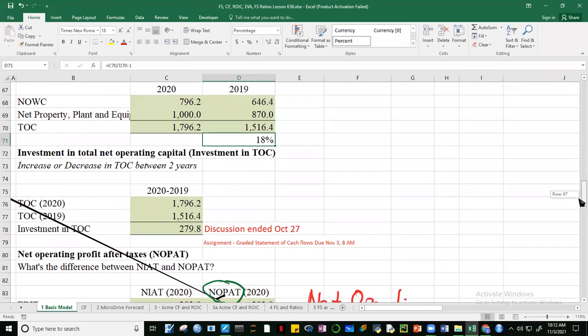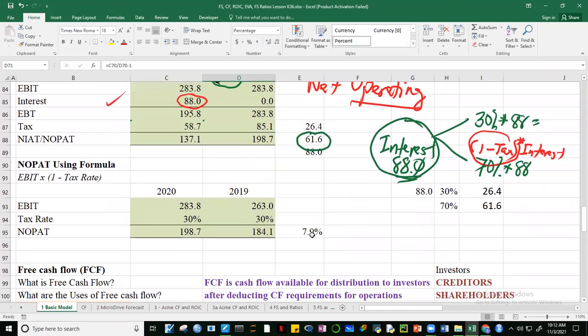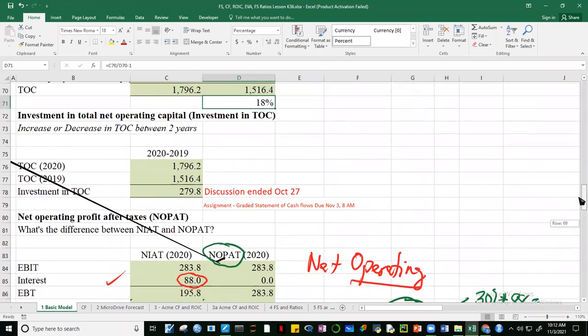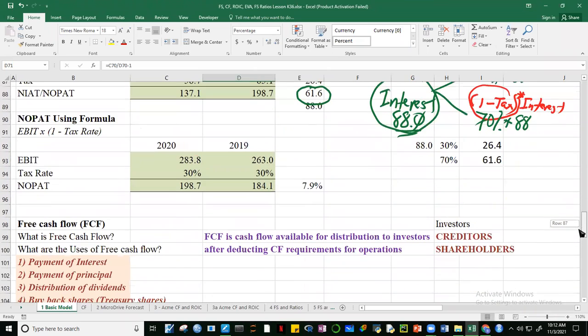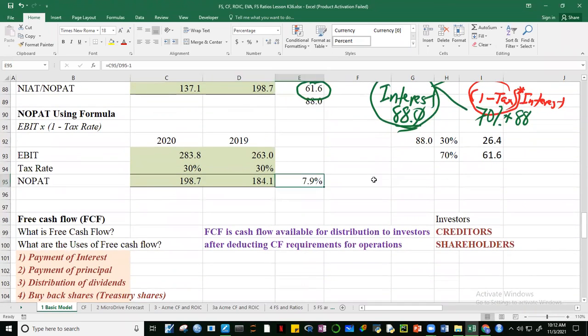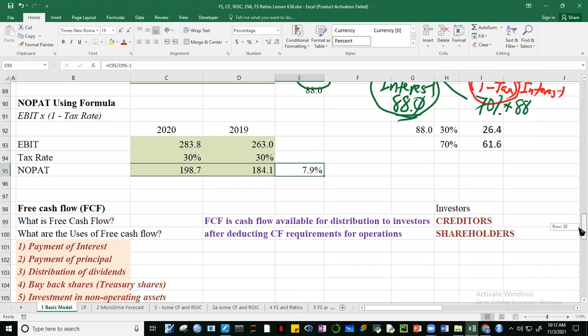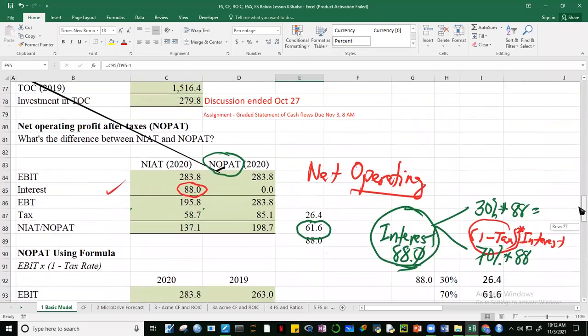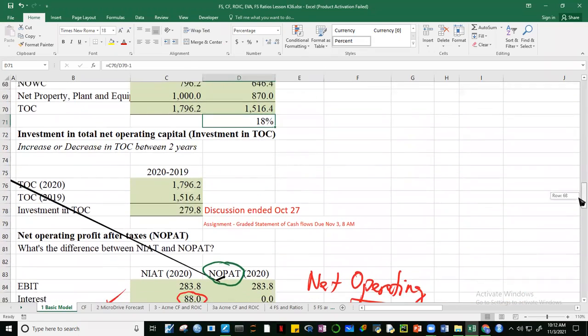Okay, so the increase in operating profit, there was a greater increase in the operating capital compared to the increase in operating profit. 7.9% increase in operating profit as compared to 18% increase in operating capital.